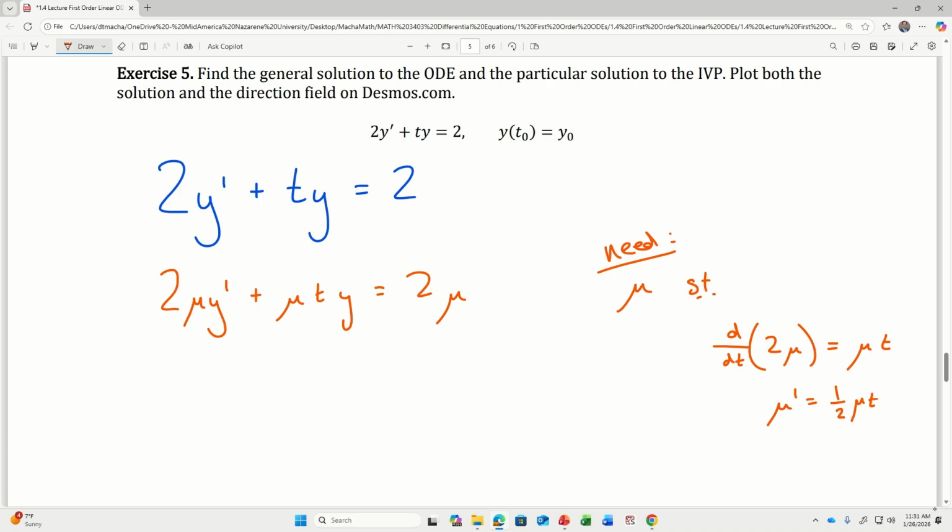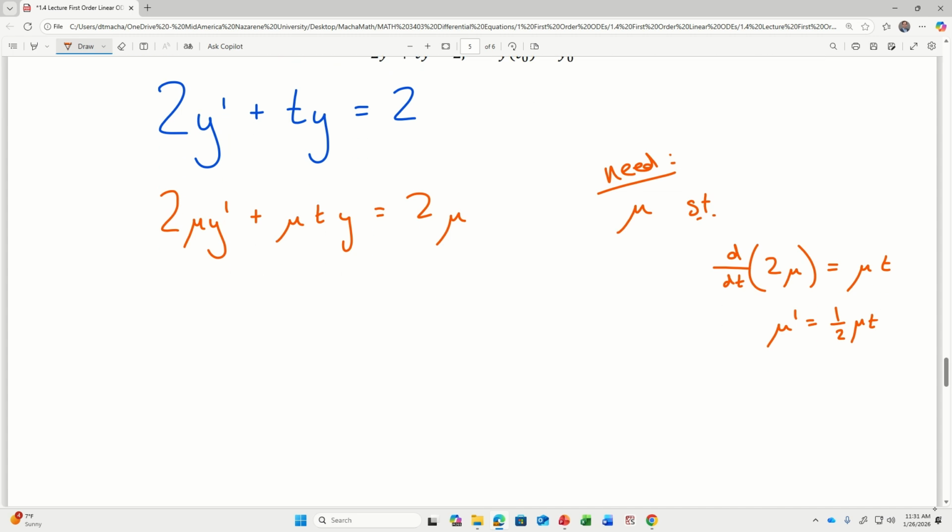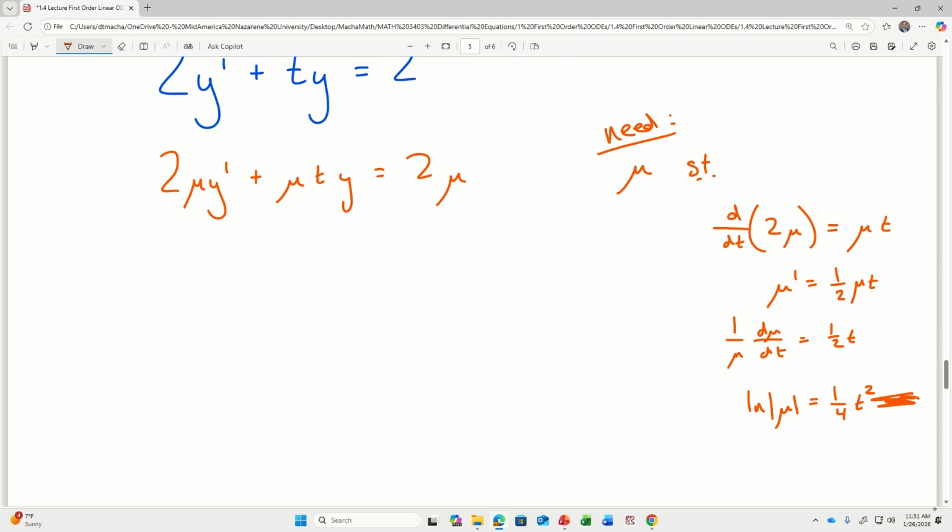If I divide both sides by mu, take the antiderivative of both sides with respect to t, I don't need the c because this is just an integrating factor. I can set c equal to 0.